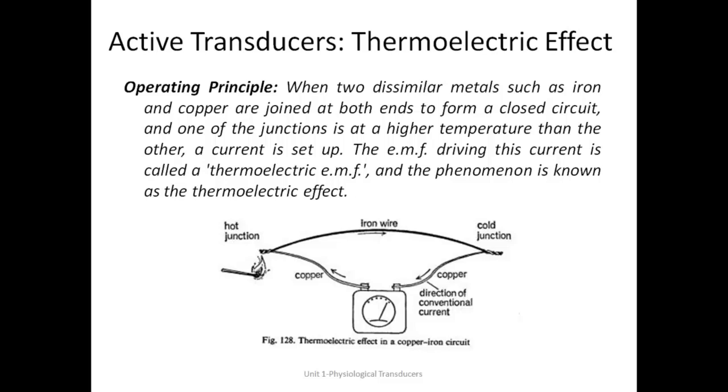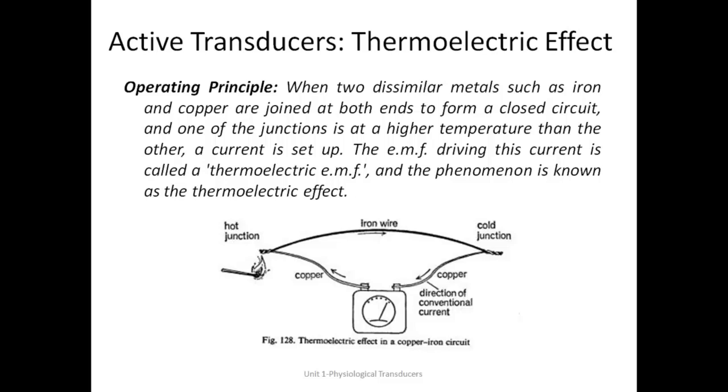So whenever you have two dissimilar metals joined at two junctions, as you can see in the figure, and one junction is at a higher temperature with reference to the other, an EMF is developed in this closed loop. A current starts flowing, and anywhere within this closed loop, if you tap and put a voltmeter, as you can see in the figure, you can observe a certain voltage being produced.